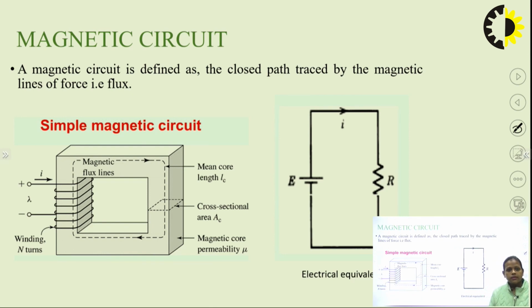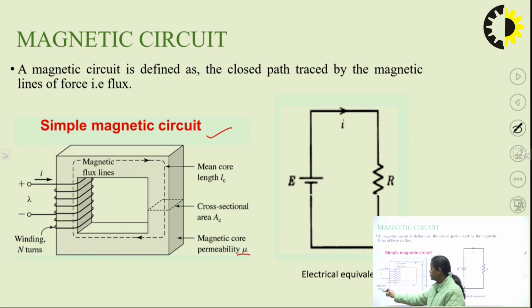Now coming to the magnetic circuit, what is a magnetic circuit? A magnetic circuit can be defined as the closed path traced by the magnetic lines of force, that is flux, right? Here we can see an example of a simple magnetic circuit. We have a magnetic core of permeability mu.